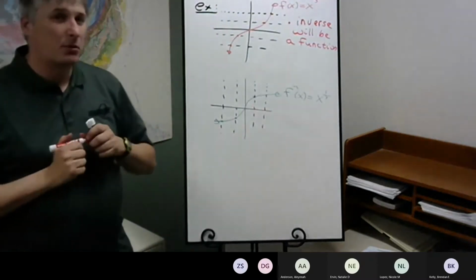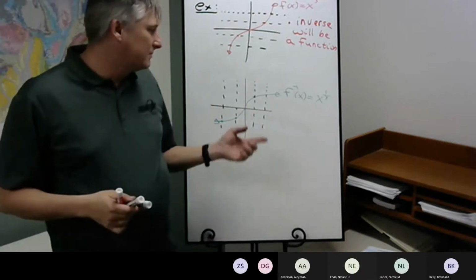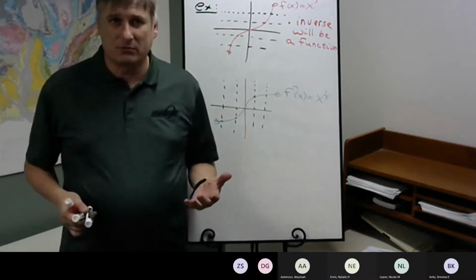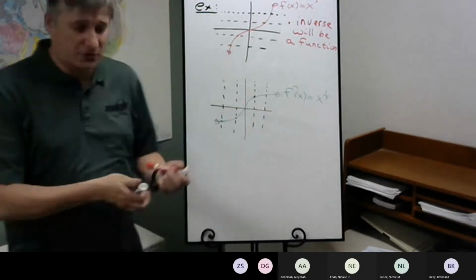So that's the significance of the horizontal line test. And of course, since that's the case, then when we graph this inverse function, it better pass the vertical line test that tells us that it is in fact a function.